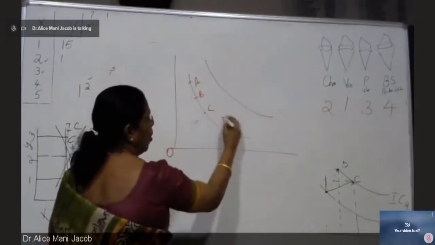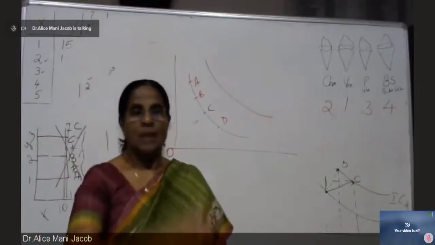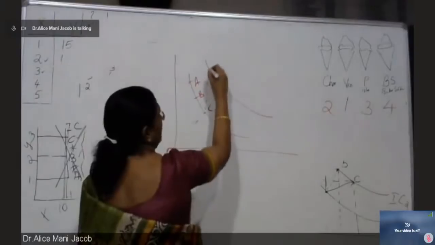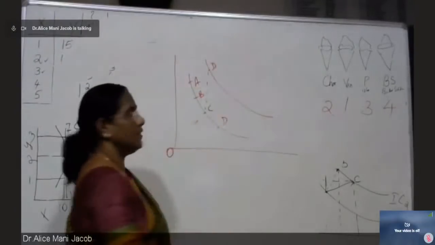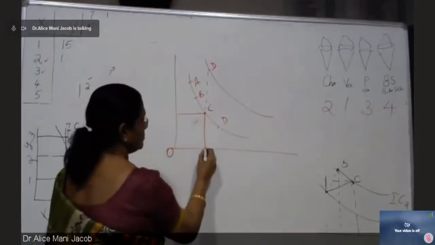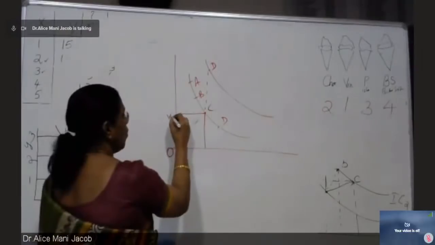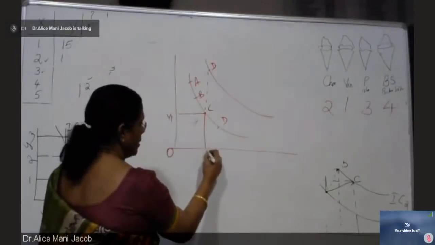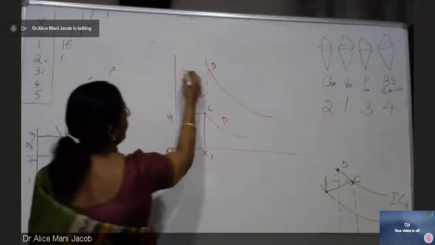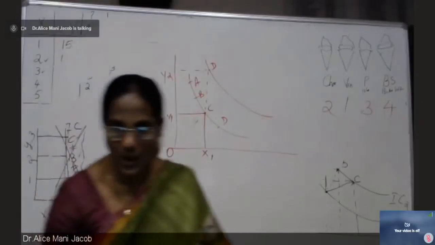But take a point on a higher indifference curve. Say, for example, you go to point D. Are you happier at point D? Yes. Point C shows a combination of OY1 and OX1, and point D shows a combination of OY2 and OX1.